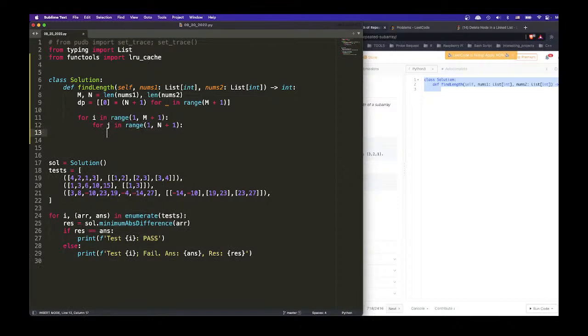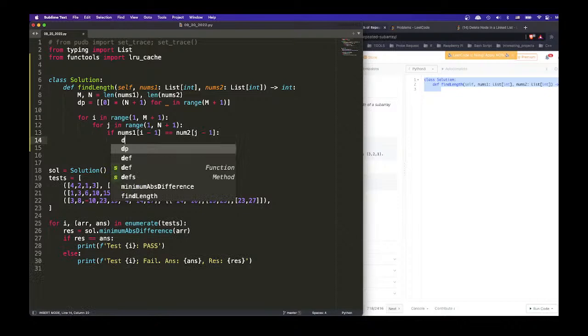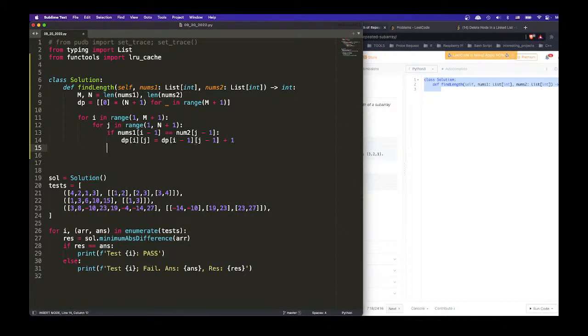So if they're the same, if nums1 i minus 1 is equal to nums2 j minus 1, then dp i j shall equal dp i minus 1, j minus 1 plus 1.